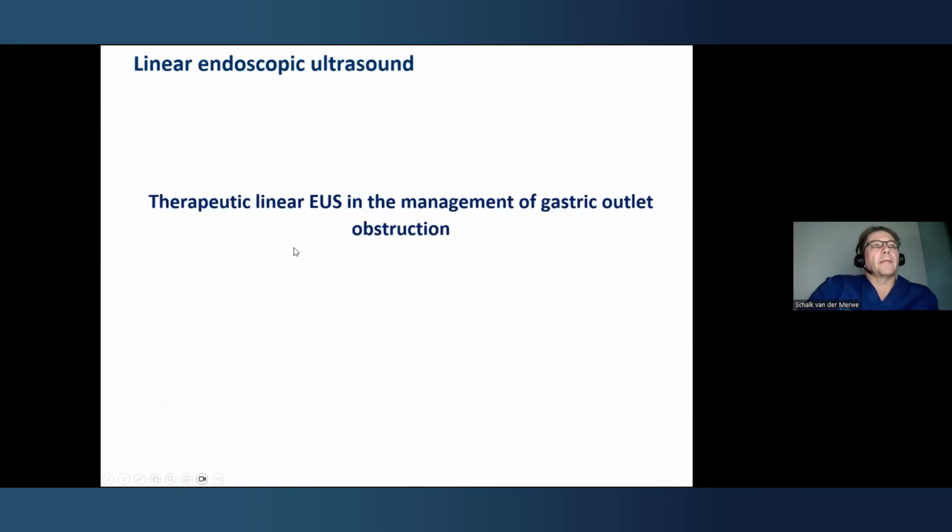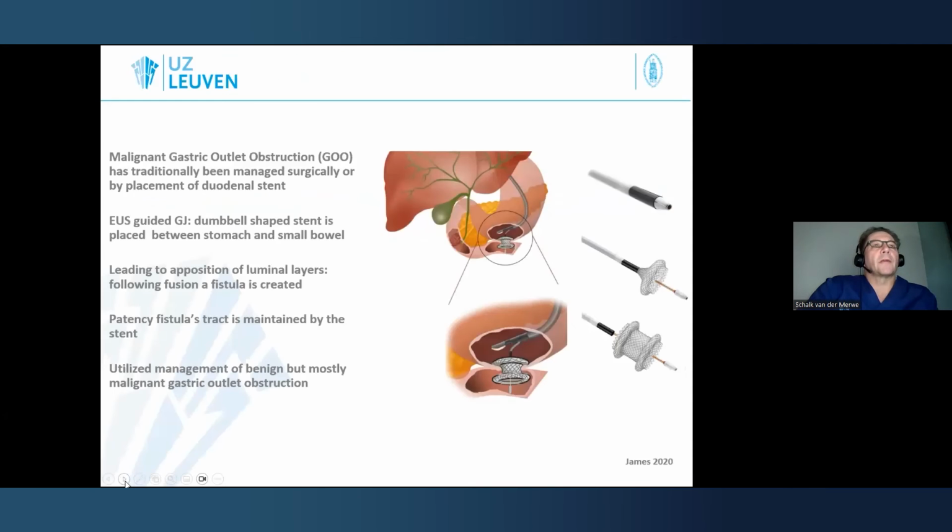And then finally, therapeutic EUS in the management of malignant gastric outlet obstruction. This has also revolutionized this therapy. In the past, gastric outlet obstruction was managed by either surgery or by placement of duodenal stents.